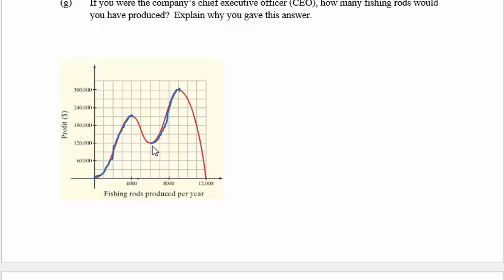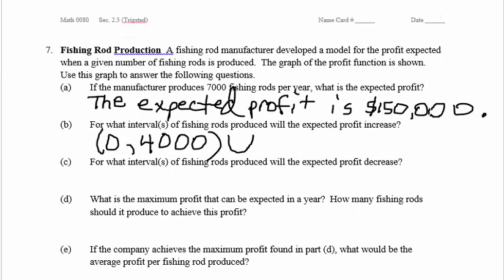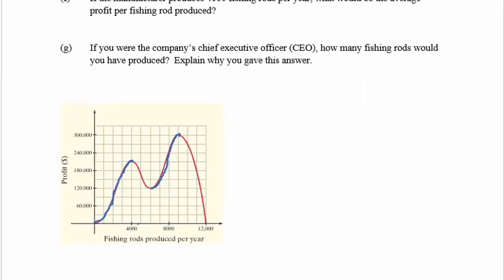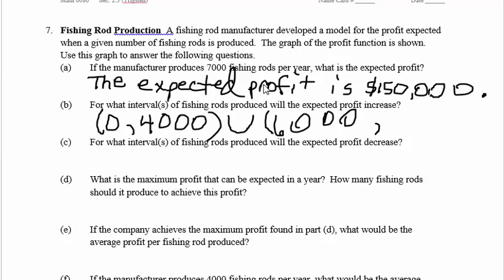All right, so now I see there's another interval of increase that I've shaded, and that occurs from 6,000 to 9,000.